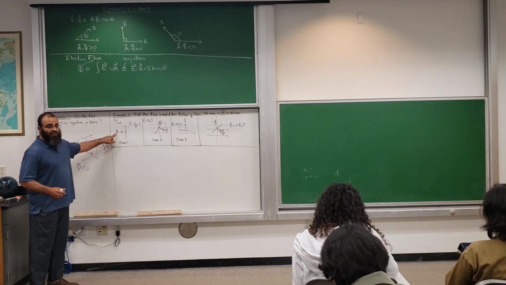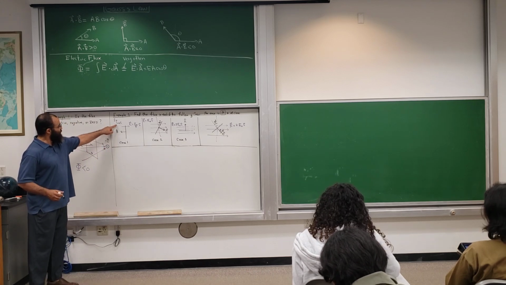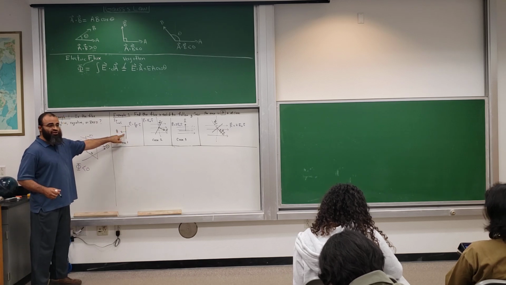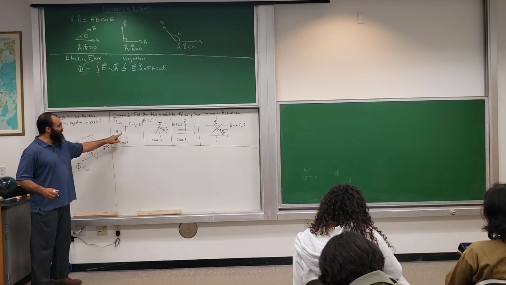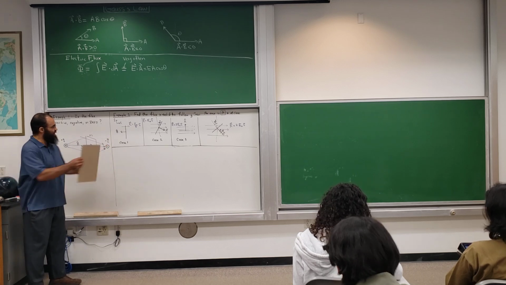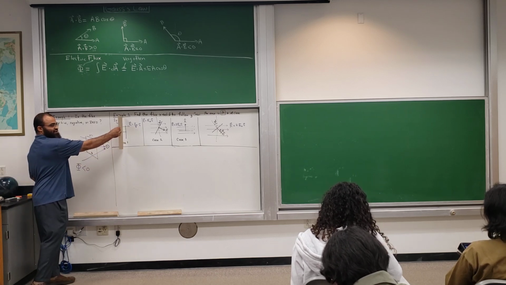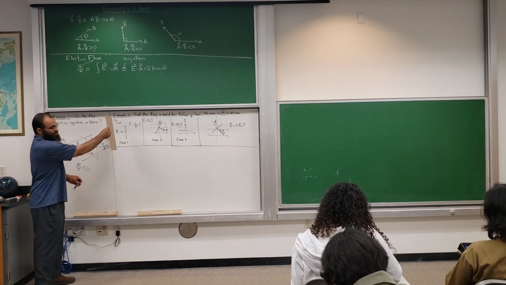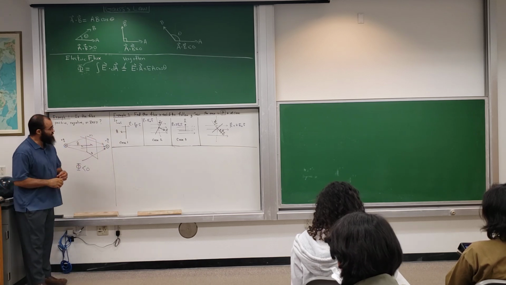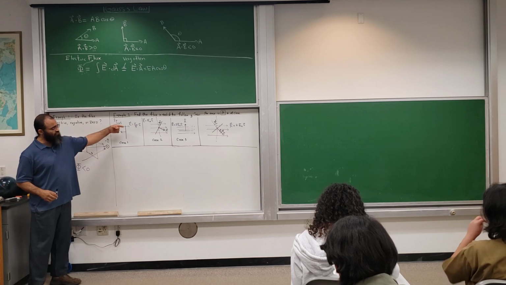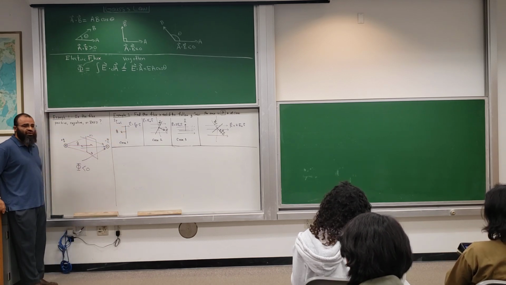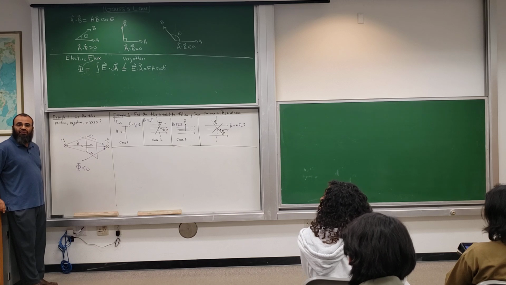Case 1, the electric field points in the x direction, and the area points in what direction? Leftward. I know I drew a line here, but think of this line as the area, meant to be some area this way. So the area points left, and the electric field points right. So what do you think the flux is going to be? Positive, negative, or zero?